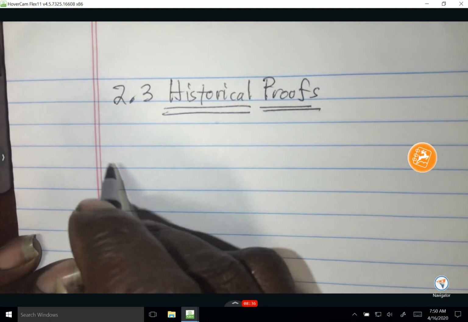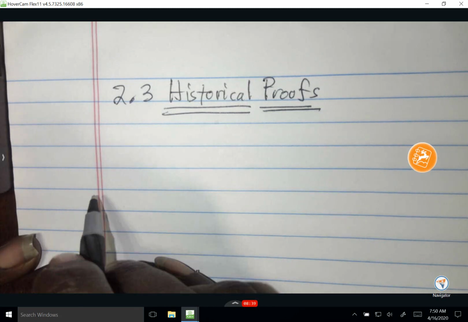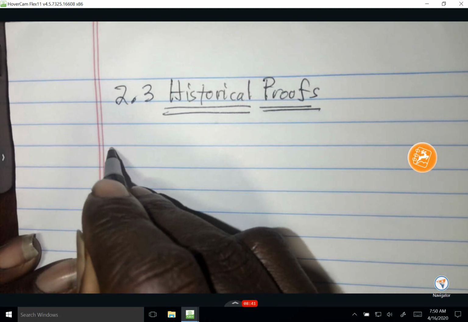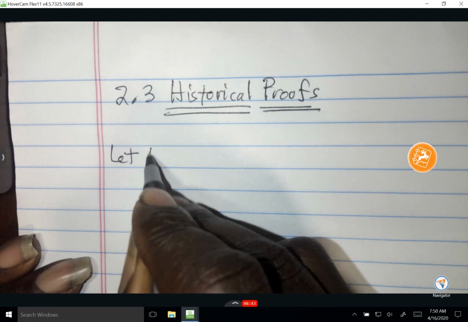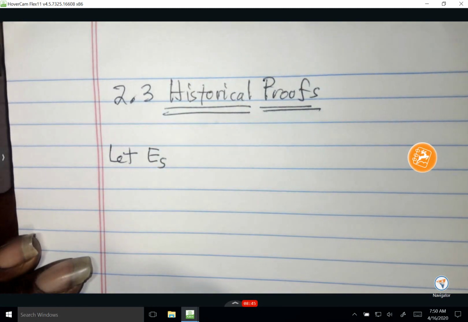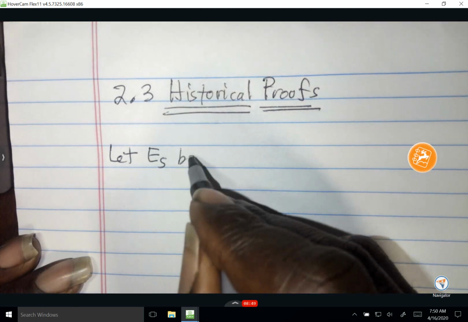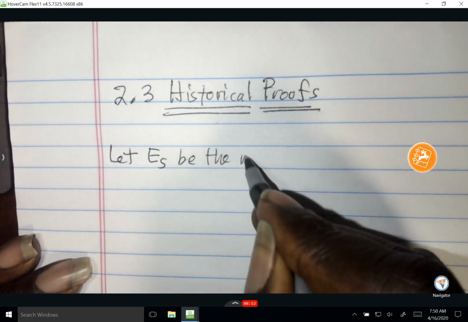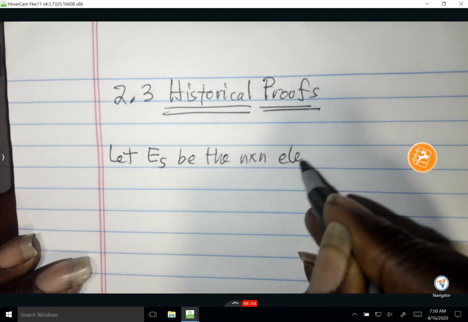Okay. So I'm going to make up some notation here. I'm going to let ES, S standing for switch, be the n by n elementary matrix.